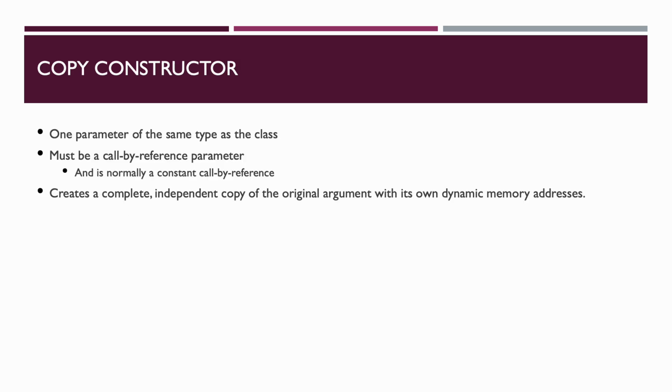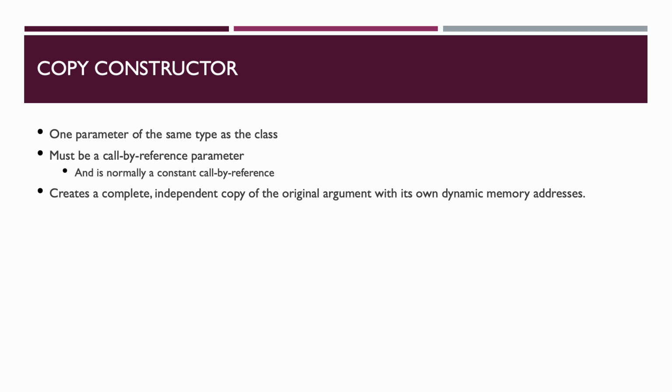So here we will now learn about the copy constructor. It is a special constructor in C++ which is used to create a new object as a copy of an existing object. The copy constructor takes a single parameter that is a reference to an object of the same class.